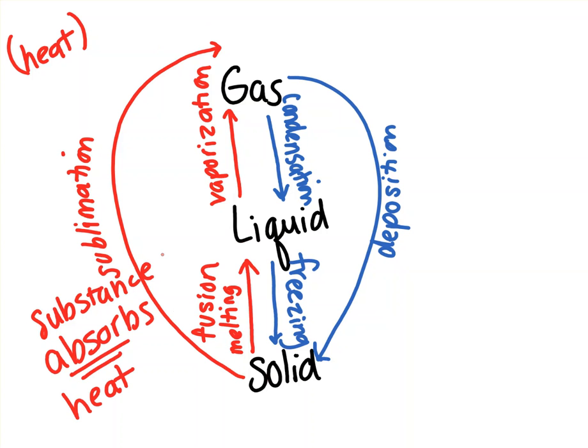Okay, so these are pretty intuitive. It's the opposite that seem a little strange at times, and let's explain that. So these are the ones that you cool to make it happen. But cool means that the substance is releasing heat.